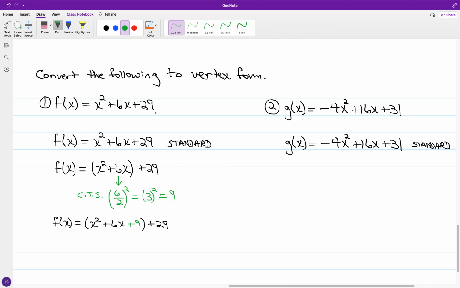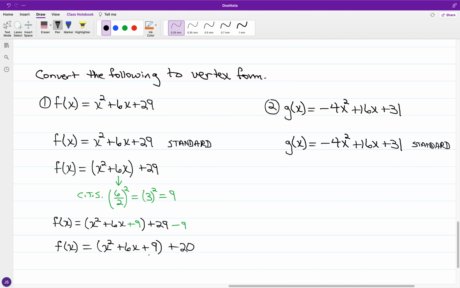I want to get it back level to the standard form, so to override the surplus at the front, I'm going to take 9 away at the end. So here I'm going to have f of x is equal to x squared plus 6x plus 9, and 29 minus 9 is going to be 20.